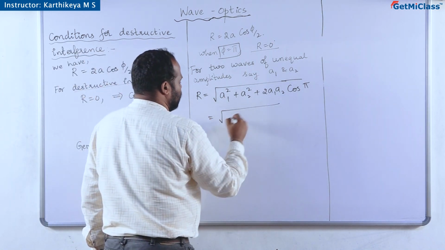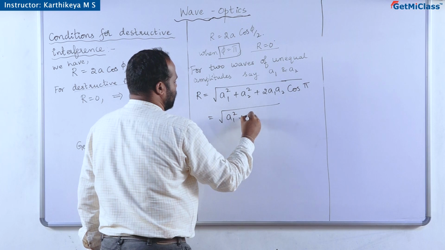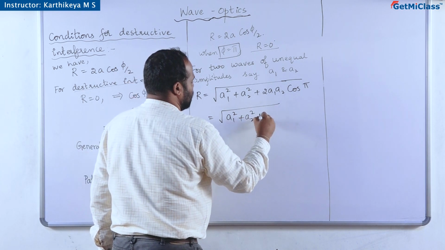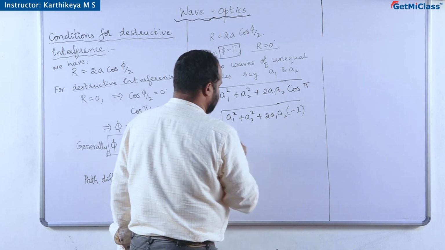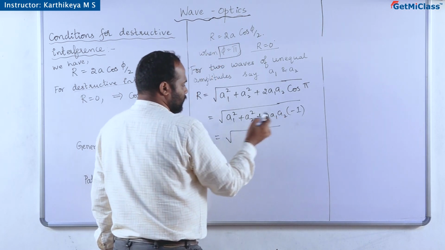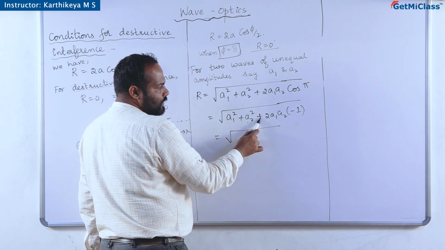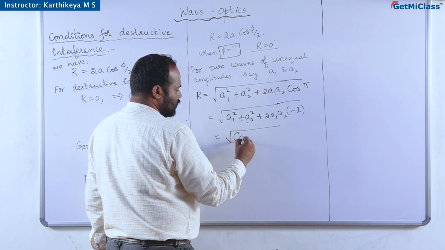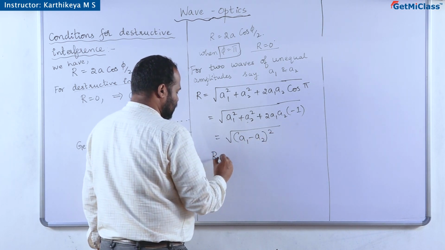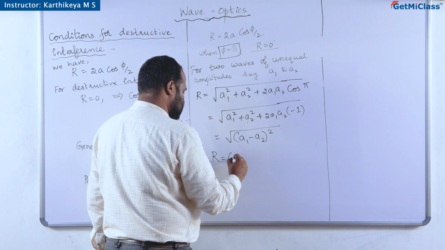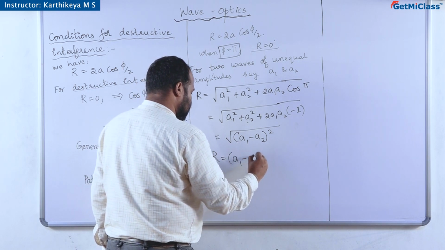So this will be A1 square plus A2 square plus 2 A1 A2 cos pi, which is minus 1. This is a square plus b square minus 2ab, so this is A1 minus A2 whole square. The resultant amplitude is A1 minus A2.